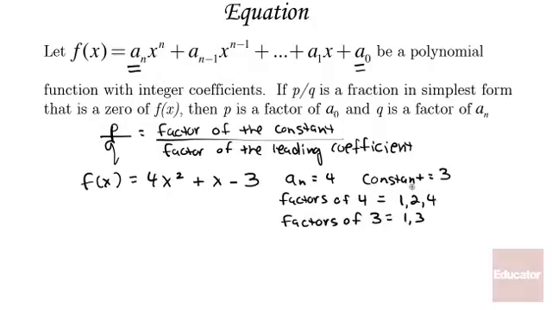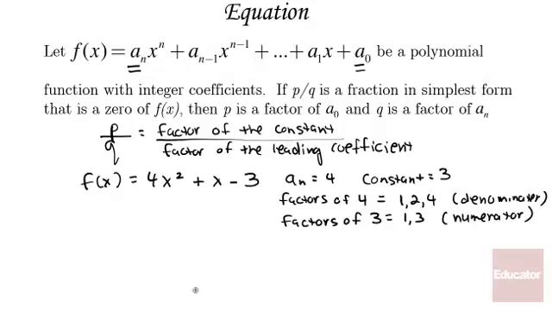Now, these factors of the leading coefficient are going to comprise the denominator. So these are possibilities for the denominator. These factors of the constant are going to be possibilities for the numerator.